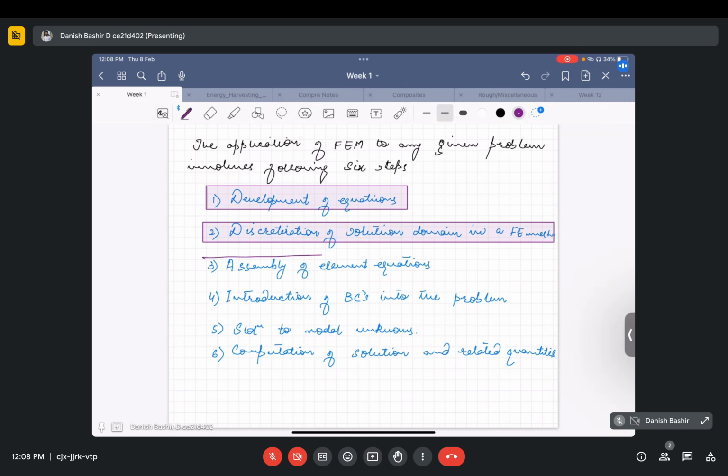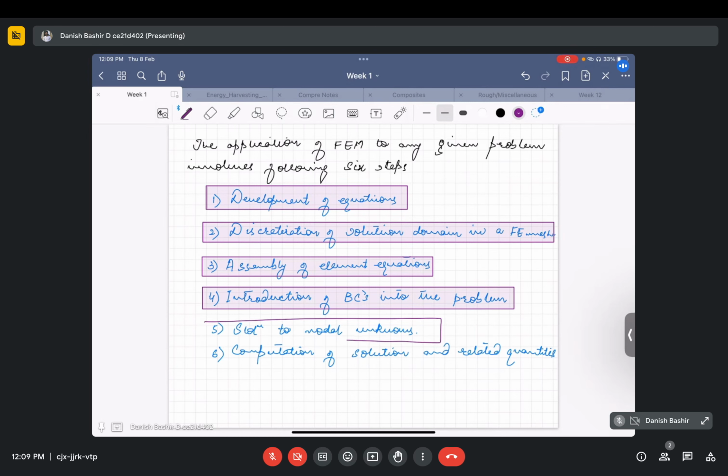Third, you assemble all the equations to form one global equation, and then incorporate actual boundary conditions into the global equation. You have assumed some unknowns initially while initializing the problem. Then you obtain a solution to those unknowns, and from those unknowns you obtain other quantities, whatever you require.